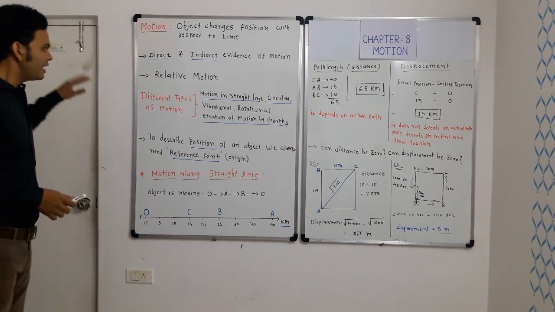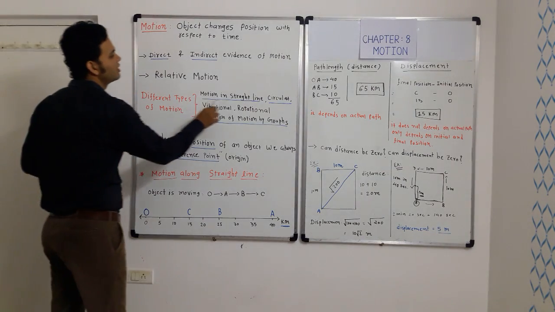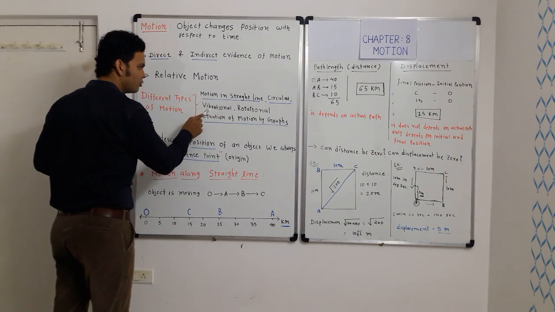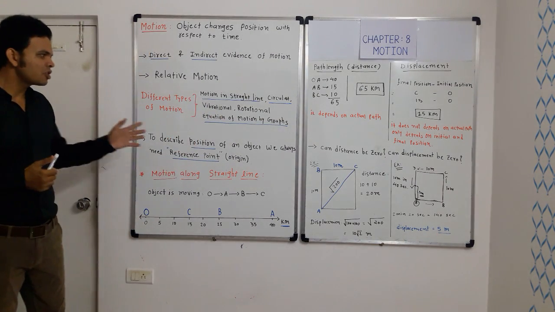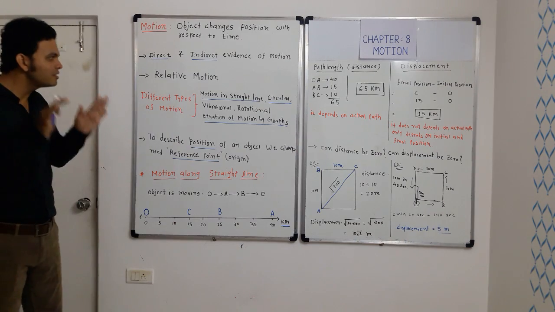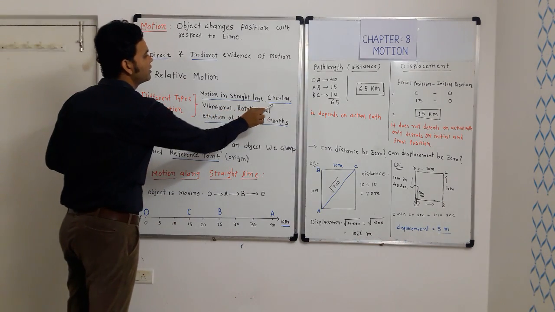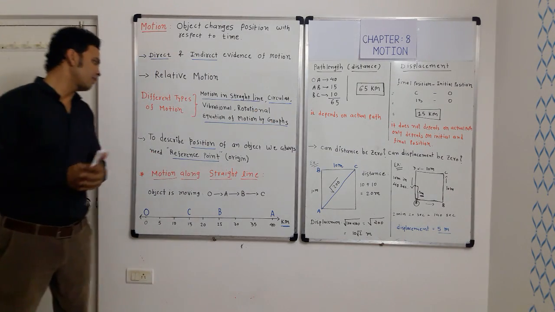So there are many kinds of motion, be it motion in a straight line or circular motion, vibrational motion, rotational motion, and there are some equations of motion by graph. So in this chapter we are focusing on motion in a straight line, circular motion, and equations of motion by graph.